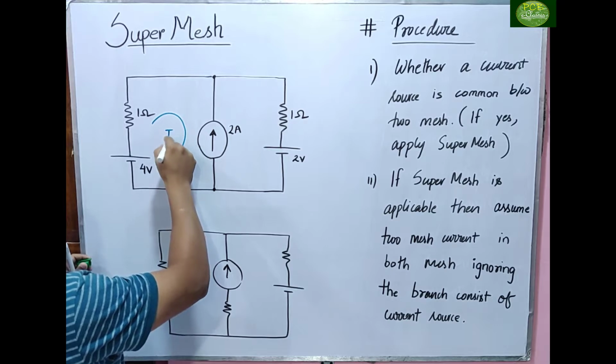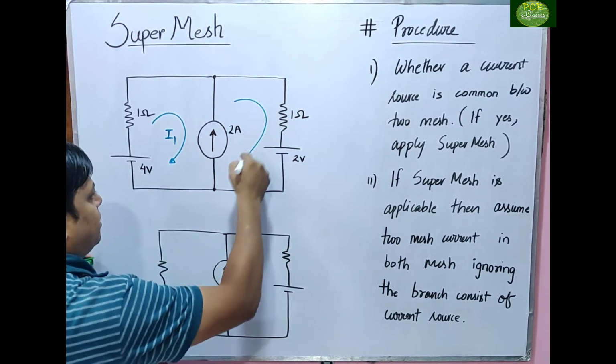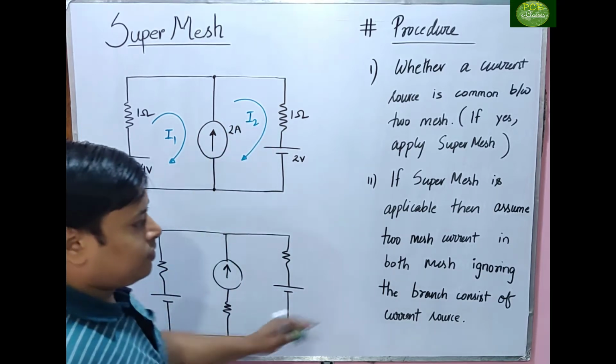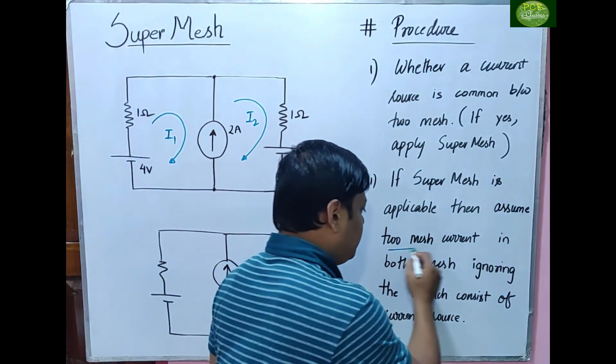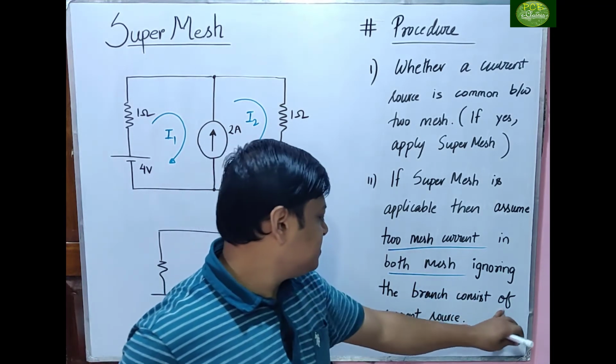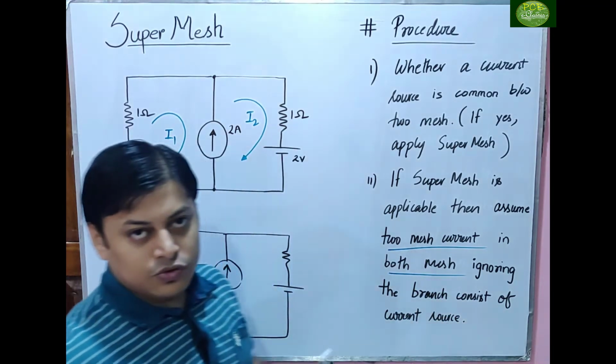Let us take this one as I1 and let us take this one as I2. Two mesh currents in both the meshes, ignoring the branch which consists of the current source.